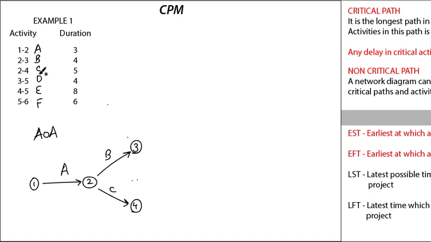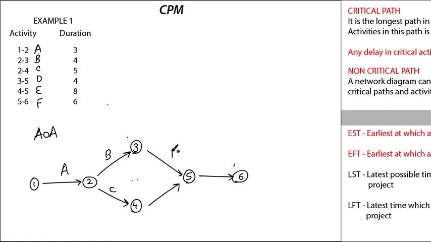Okay, then comes 3 to 5, 4 to 5. So from 3, this is 3 to 5 and this is 4 to 5. Okay, since these are the same ending nodes, we can write this like this. This will be 3 to 5 and this will be 4 to 5, and the last one is 5 to 6. So 5 to 6 will be something like this.